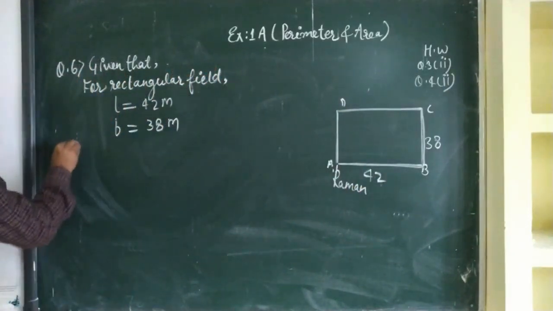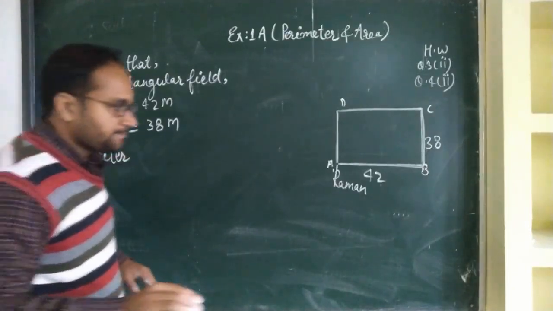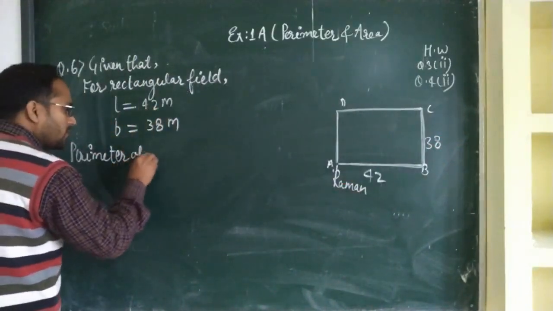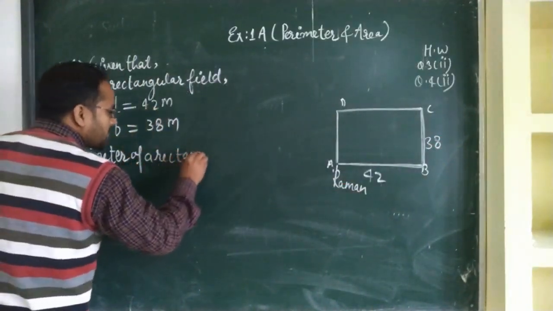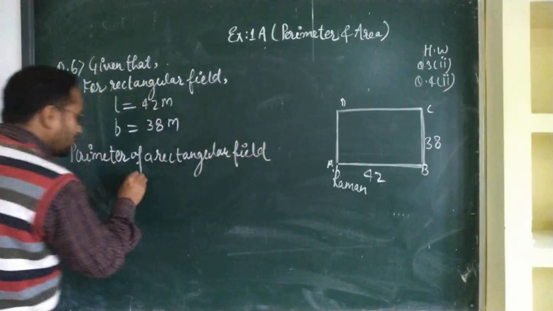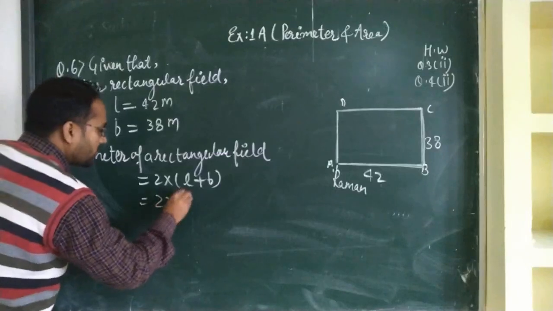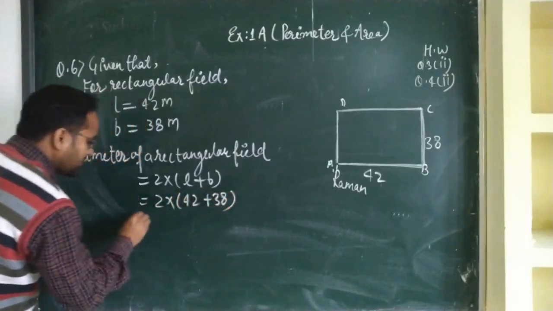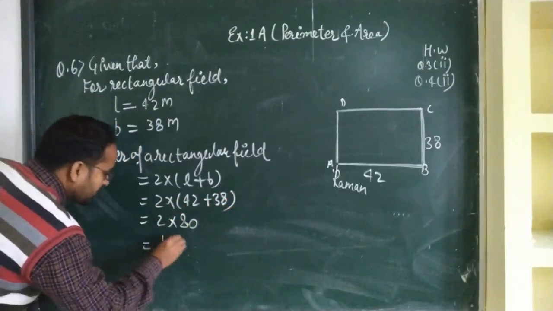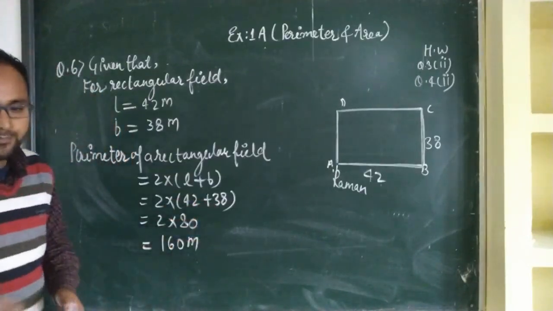So the perimeter of a rectangular field is equal to 2 multiplied by (length plus breadth). 2 into (42 plus 38) is equal to 2 into 80, which is 160 meter.